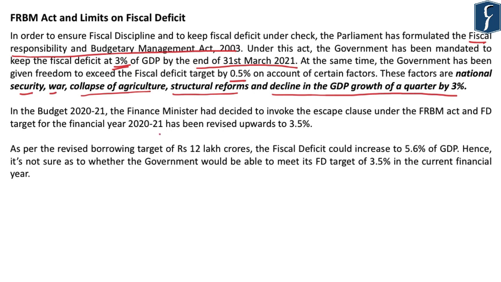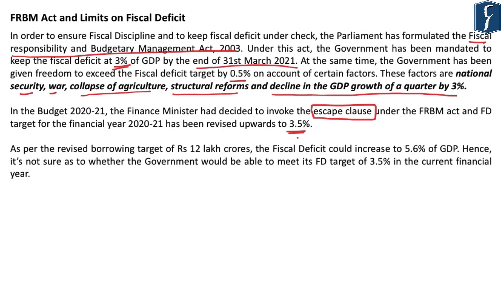And in the budget of 2021, Finance Minister decided to invoke this escape clause under the FRBM Act and keep the fiscal deficit target for the financial year 2021 to 3.5%. This is the maximum allowed by the FRBM Act.